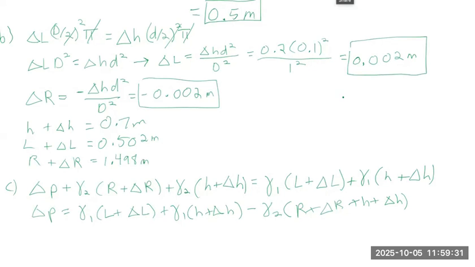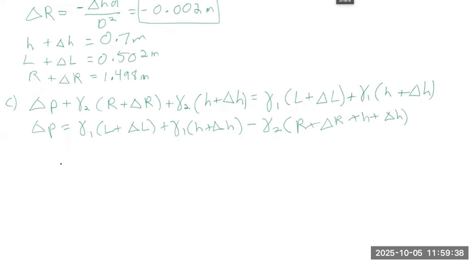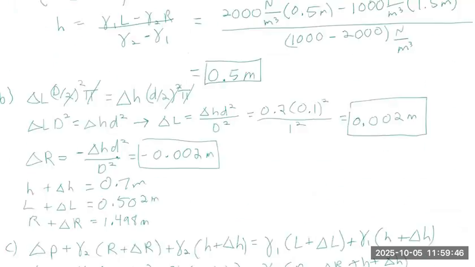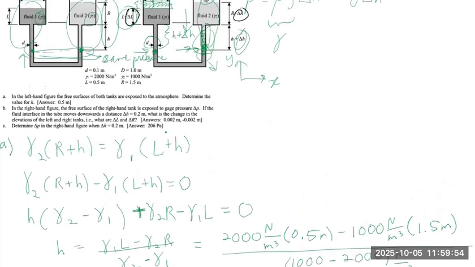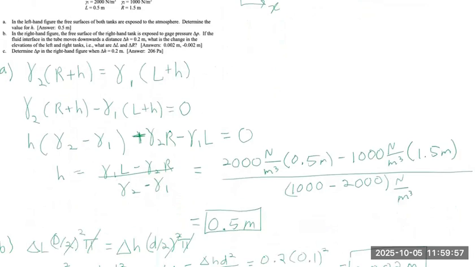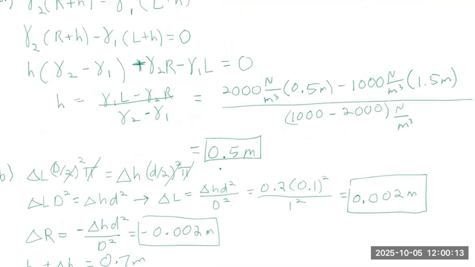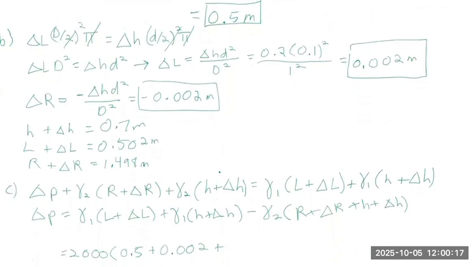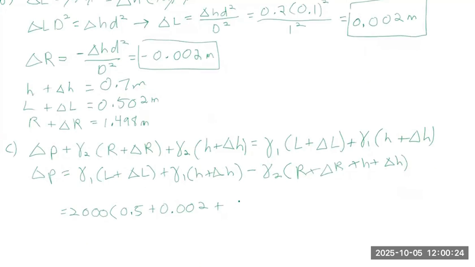So gamma 1 is 2000. Let's plug in known values: 2000, and L is 0.5, delta L is 0.002, and then we're going to add H. H is 0.5.